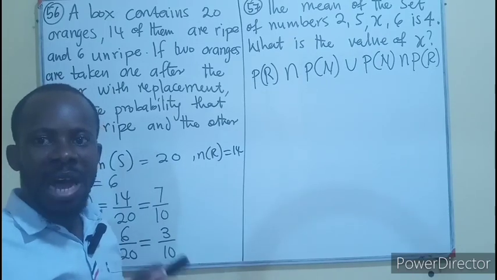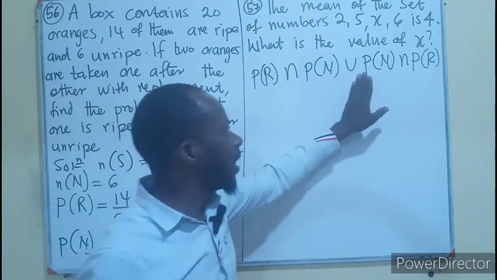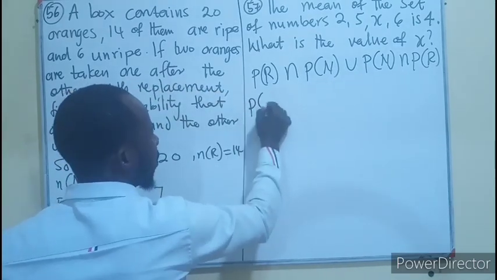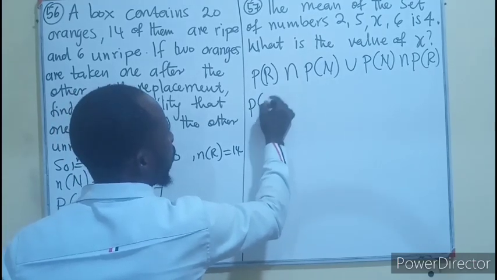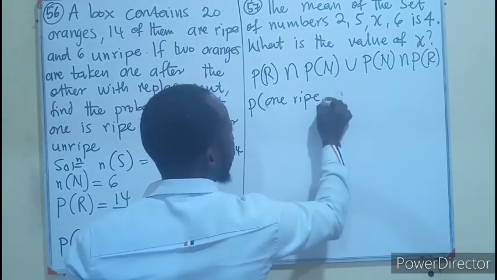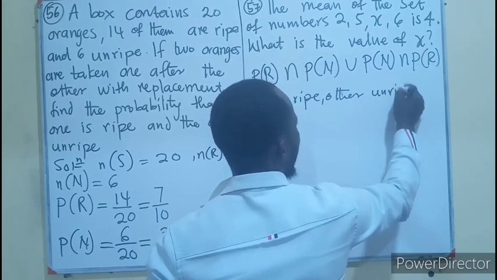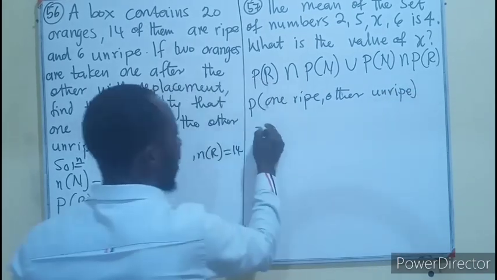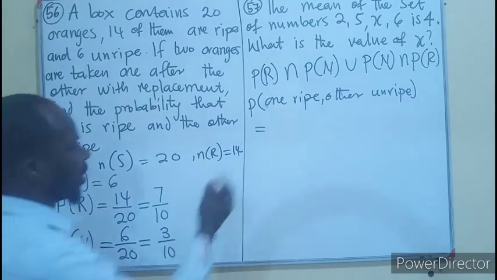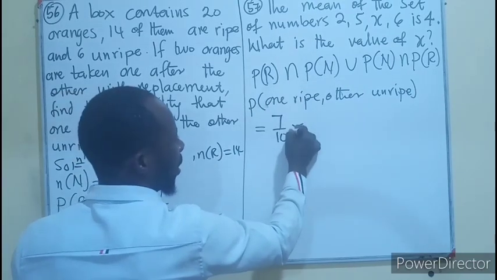There are 2 instances we are having. So the intersection is the multiplication. Then the union is the addition. So right here, the probability of one ripe, other unripe is just going to be the probability of ripe, which we already know as 7 out of 10, and it is a multiplication.